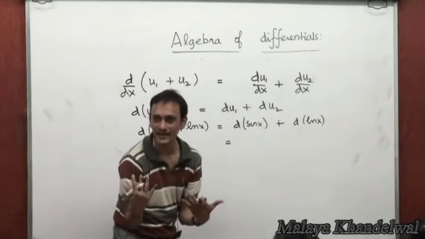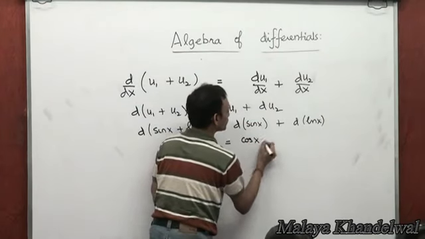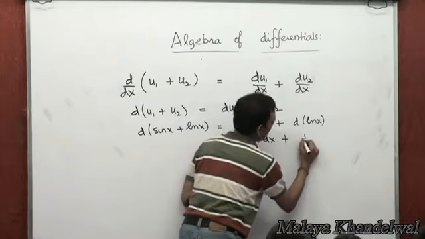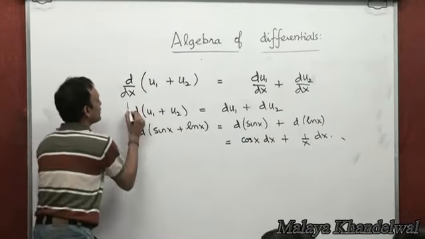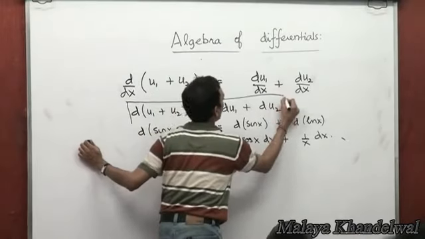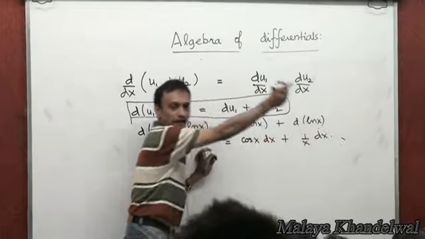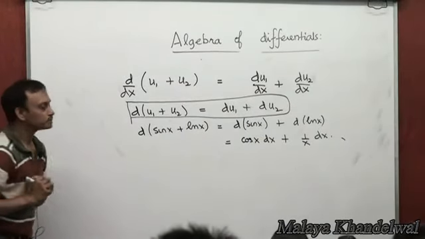Cos x into dx. D of sin x is going to be cos x into dx. d of log x is going to be 1 by x into dx, etc. So that's rule number 1. Differential of the sum would be sum of the differentials. Clear?